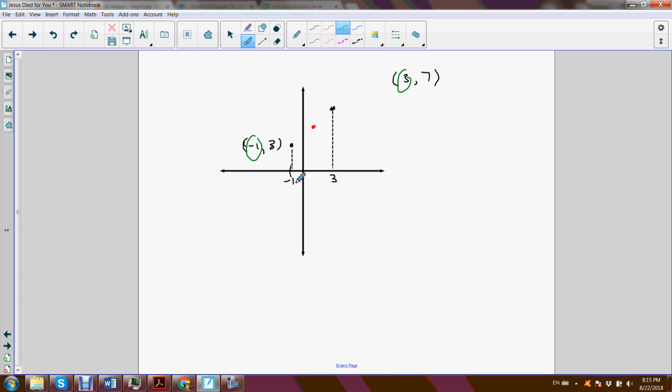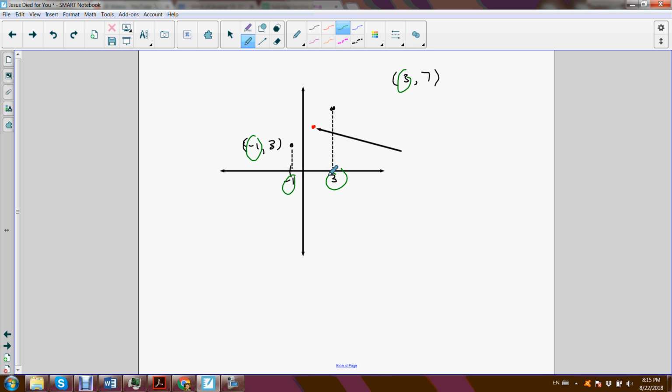Well, the x coordinate of the midpoint is going to be halfway between the x coordinates of the endpoints. So what's halfway between -1 and 3?